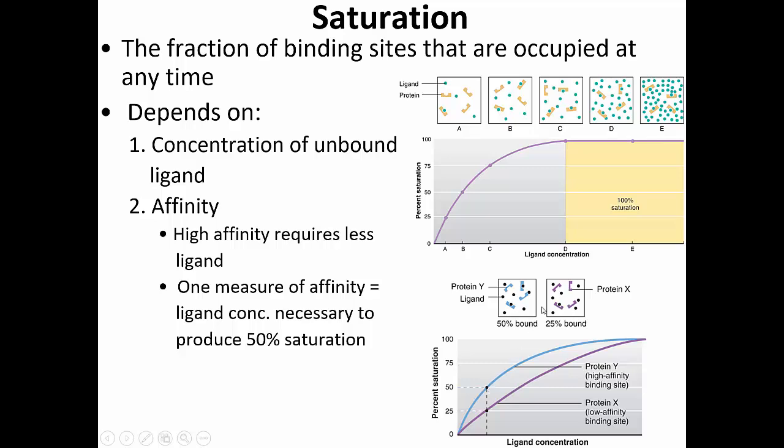And so that's what we're looking at up here in these little boxes. You can see that the purple protein with the low affinity binding site, only one of four active sites are bound at this particular ligand concentration, whereas the protein Y, which has the high affinity binding site, has two of the four active sites bound at this particular ligand concentration.